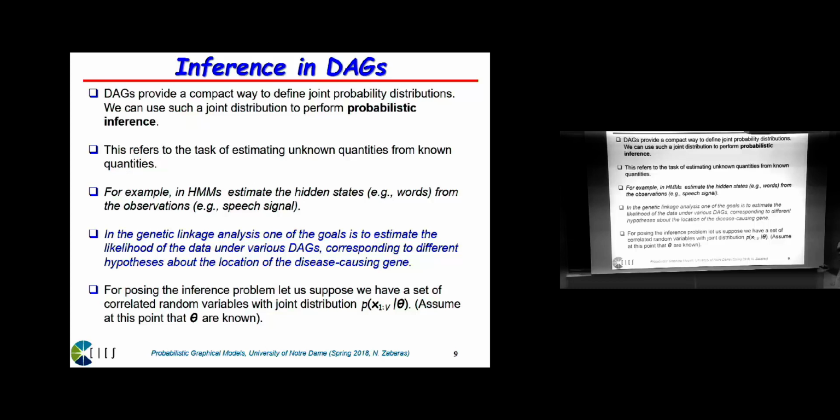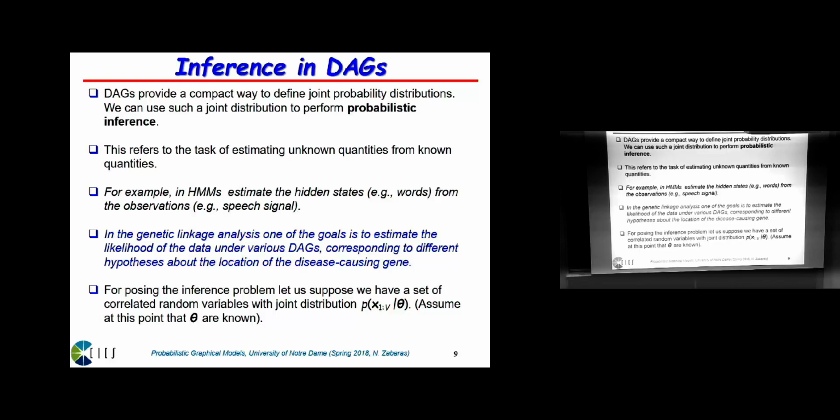For example, when you decompose the joint probability distribution into conditionals, do you know those conditionals? Do you know the probability of x2 given x1? Maybe you have some parametric definition. You say this is defined by this table, everything is unknown, and everything is unknown means that the probabilities in this table are those parameters theta.